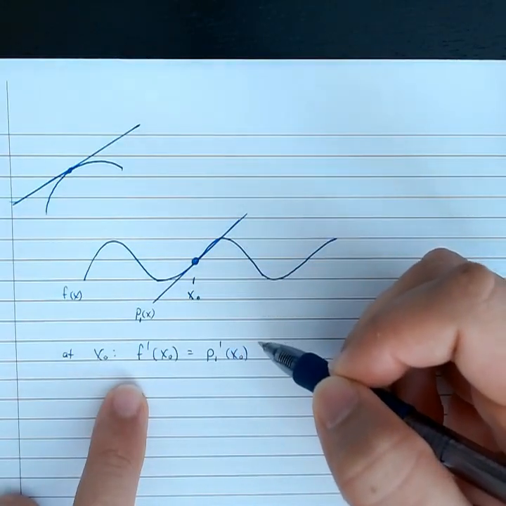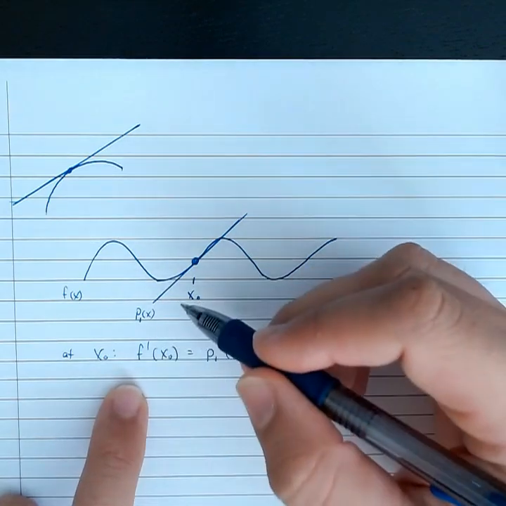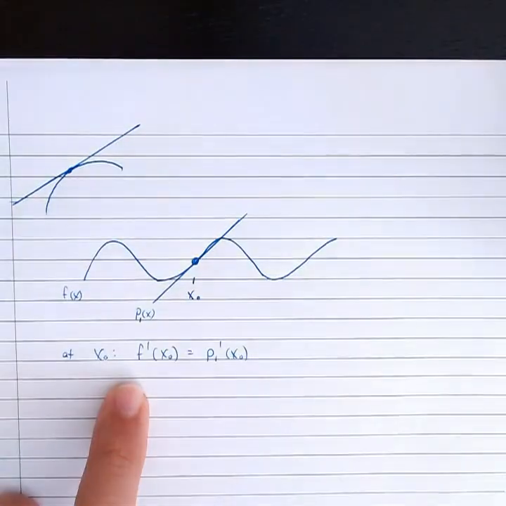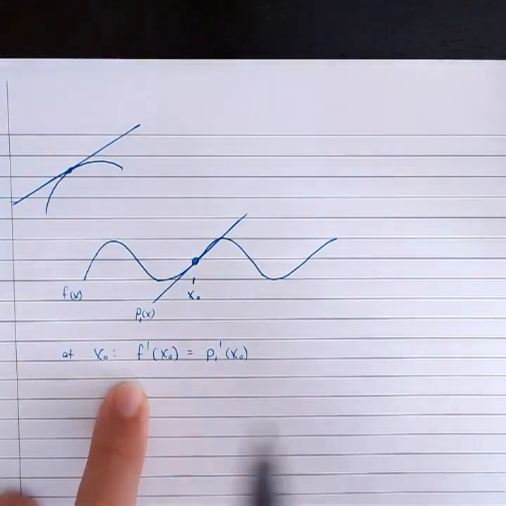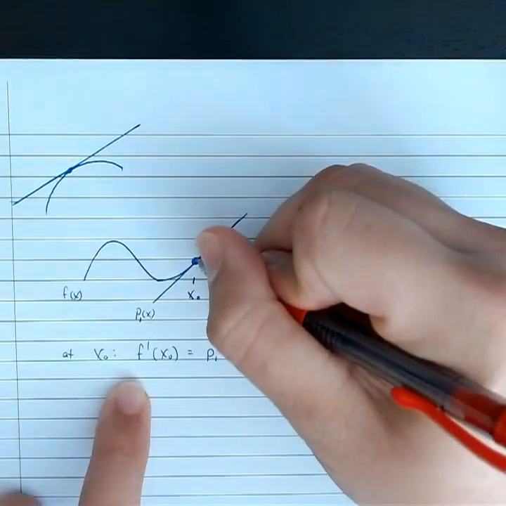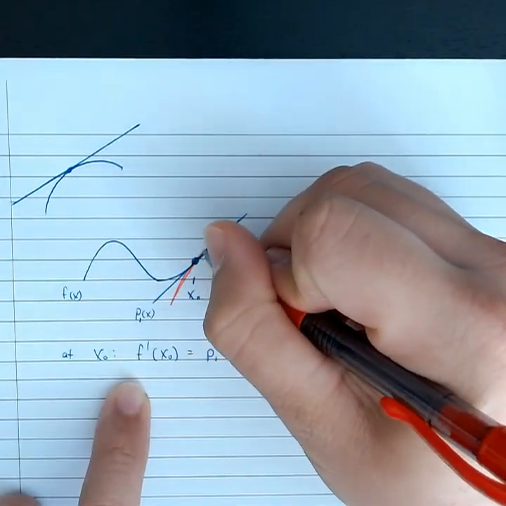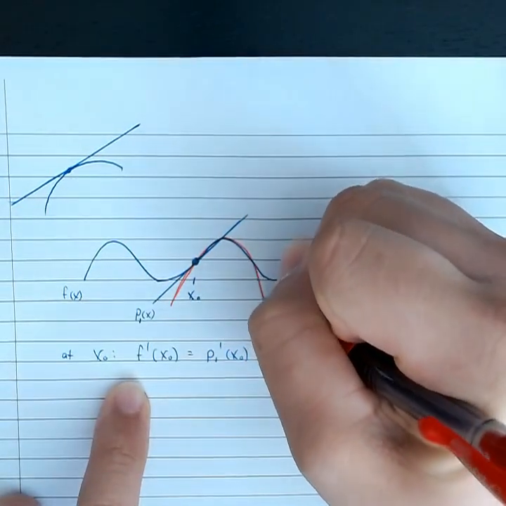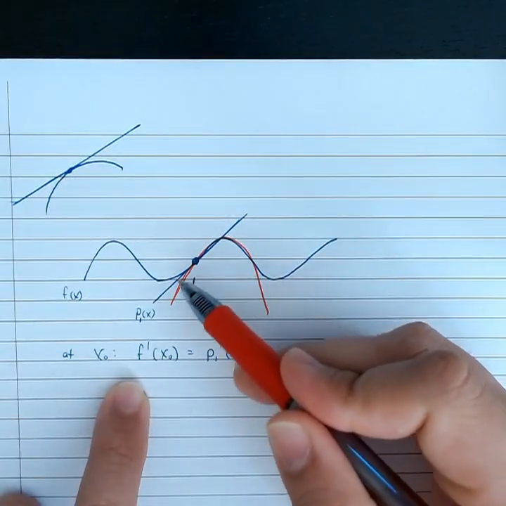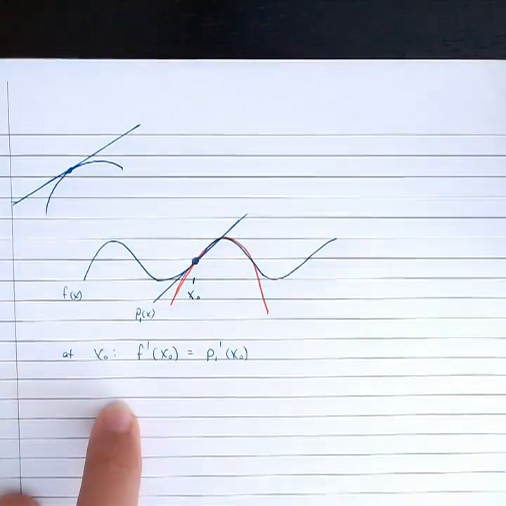If you think back to Cal 1, the first derivative gives us the slope of the tangent line, while the second derivative gives us the concavity, concave up or concave down. So if I can have another polynomial, and let me use a different color here, that passes through that point, I can have my function have the first derivative equal, but I can also have this function have the second derivative equal too.